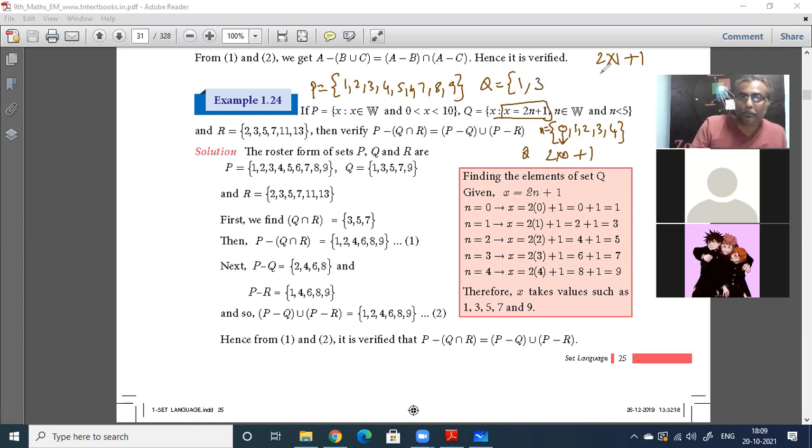Then 2 into 2 plus 1. How much? 5. Very good. Then 2 into 3 plus 1. 7. Okay. Then 2 into 4 plus 1. How much? 9. Very good. So you got Q, you got P. Okay. Now, very good.